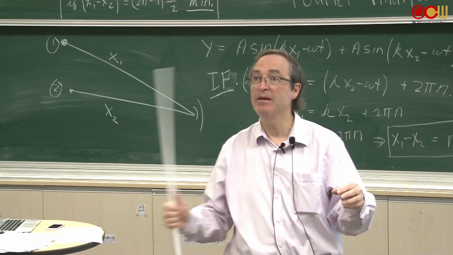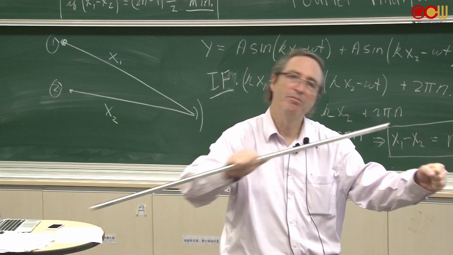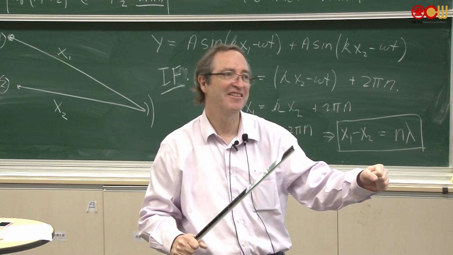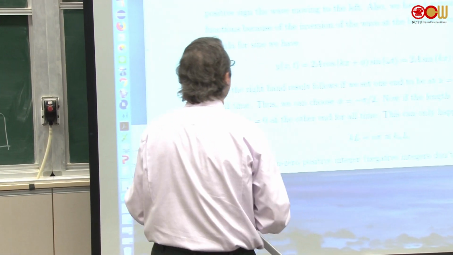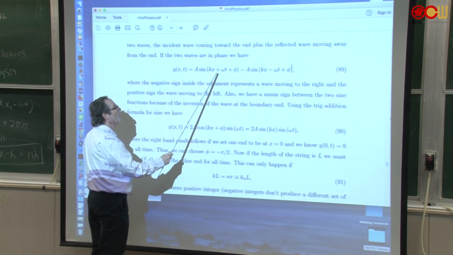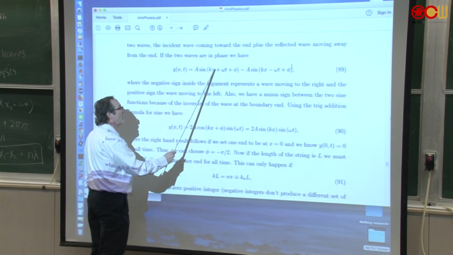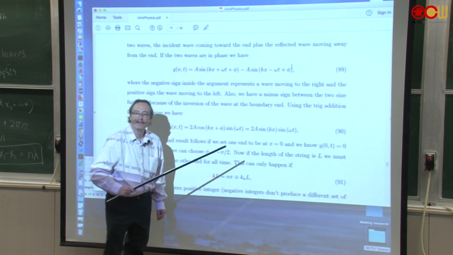And it keeps doing that because, let's say, you keep playing the violin, so you keep exciting the sound. So what you're essentially doing is adding two waves, one going in one direction and the other going in the opposite direction, right?